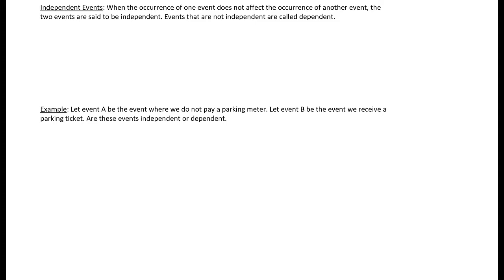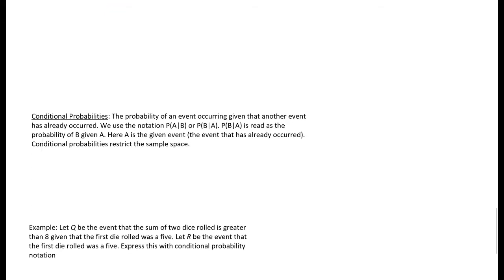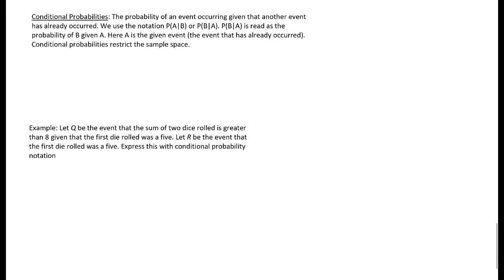In this case, yes, because the fact that we did not pay the parking meter, that's why we got a parking ticket. Because there is that relationship, we say that these events are dependent. They're affecting each other.